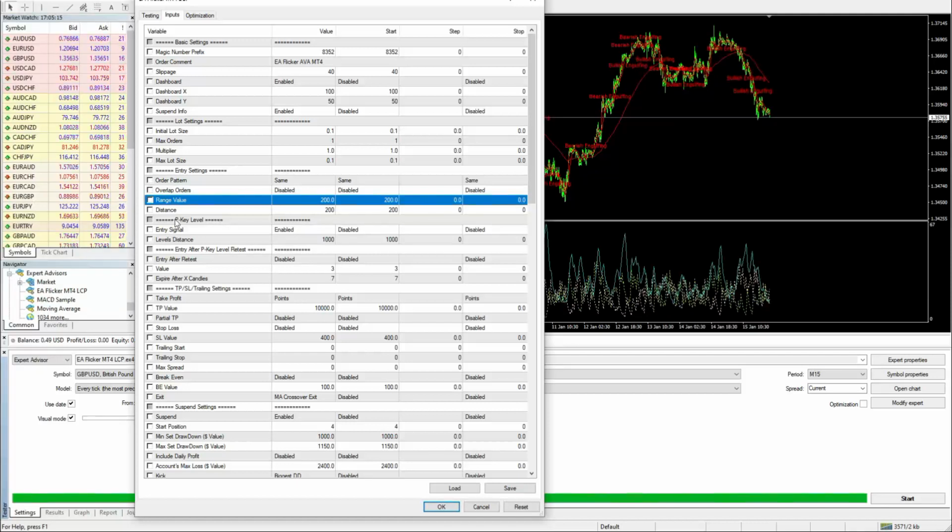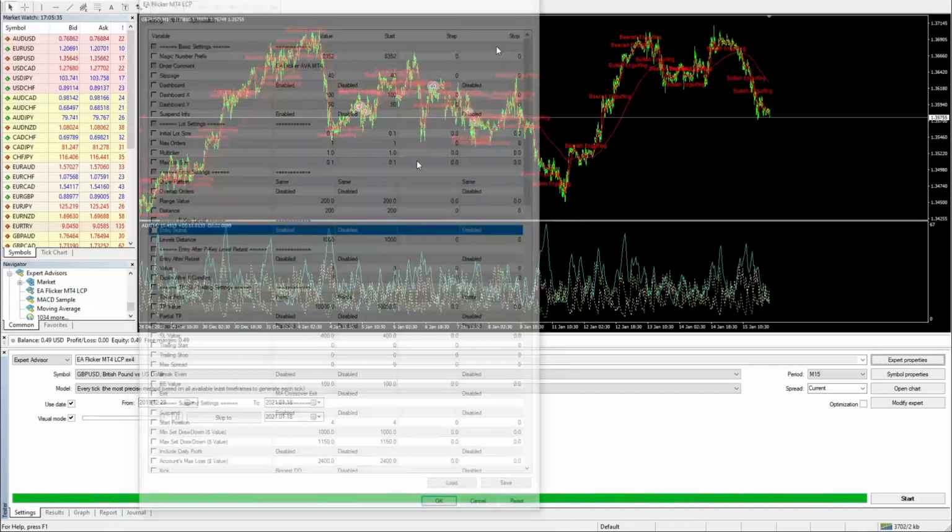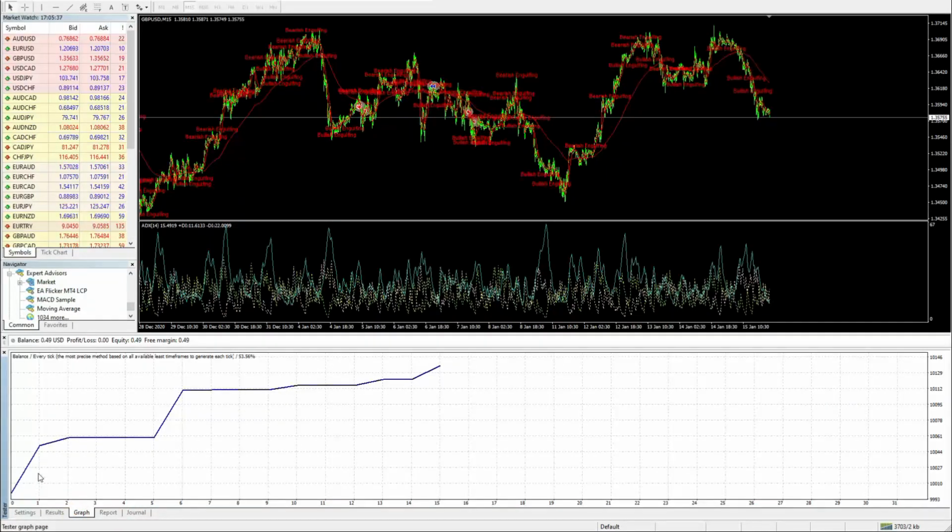Okay, now this is the psychological key level. Okay, so is it enabled? Yes. So AVA actually uses multiple signal confirmations before it places a position, and that's why I guess it makes it very safe. I mean, if you would look at the graph here, okay, it is going up. It doesn't really show any of these lines going down.